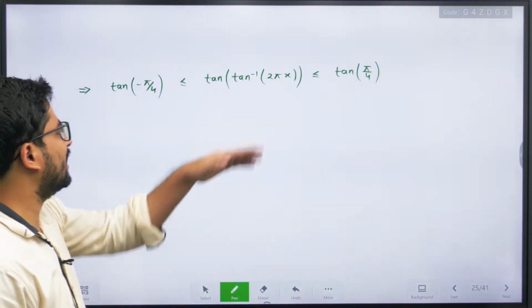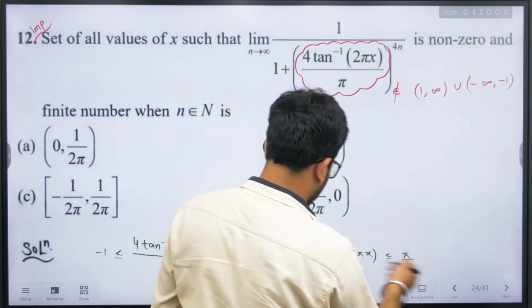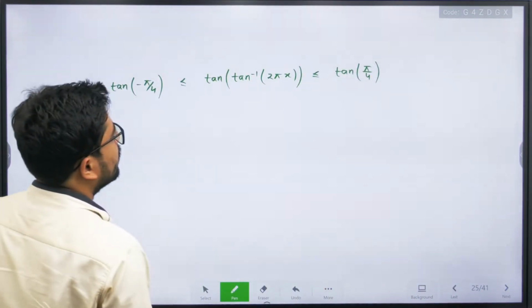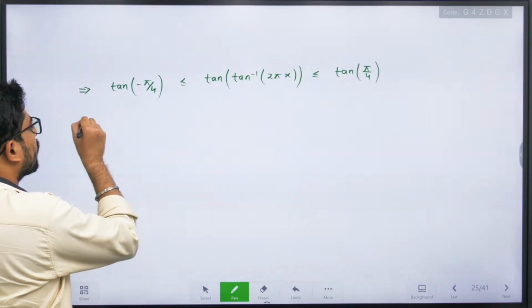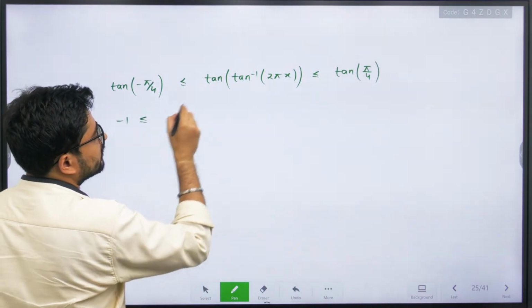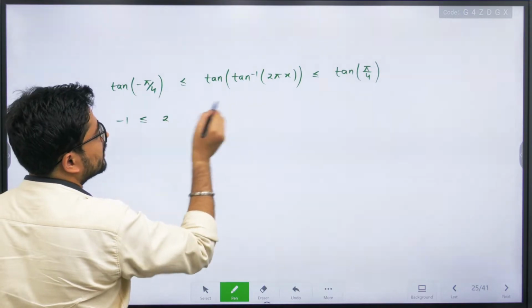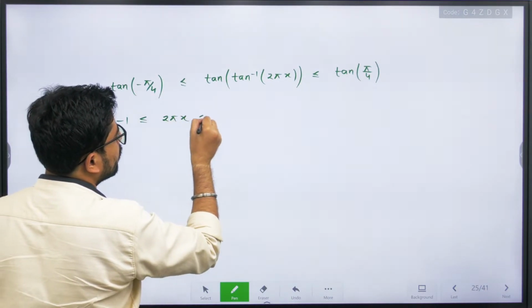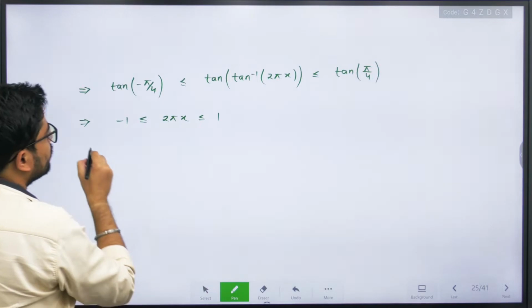That's why the inequality remains the same. Got it? Tan minus pi by 4 is minus 1. Tan of tan inverse is x, that is 2 pi x. Tan pi by 4 is 1.